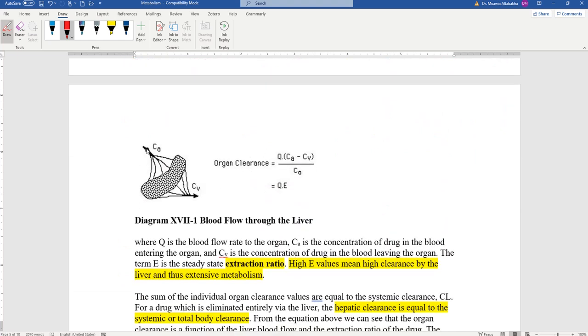So organ clearance is equal to Q, the blood flow, multiplied by extraction ratio, which is the concentration in the artery minus the concentration in the vein divided by the concentration in the artery.